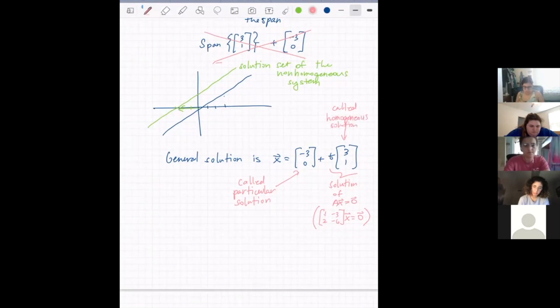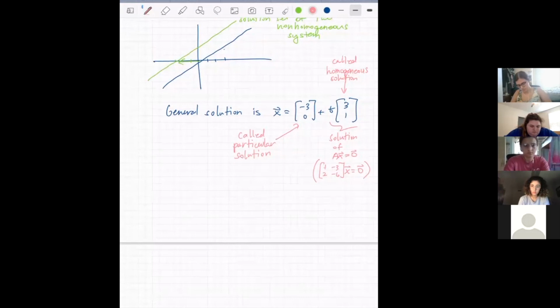And so the solution of the non-homogeneous system is the particular solution plus the homogeneous solution, right? Okay, so if you have already taken differential equations, you may see something familiar going on here. When you talk about non-homogeneous differential equations, you talk about particular solutions plus homogeneous solutions, and it's the same kind of idea going on.